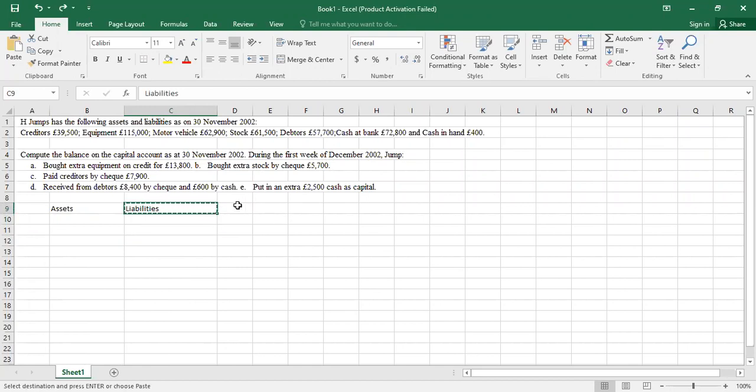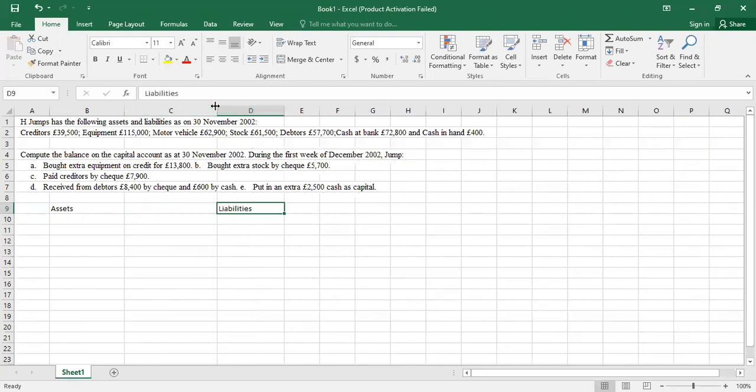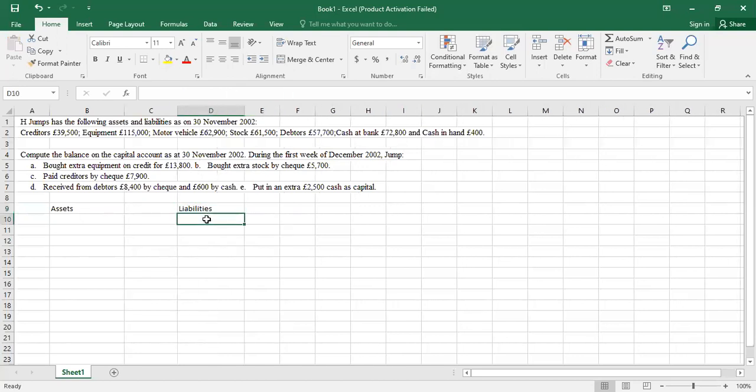I'm providing a column for putting the amount. The liability amount of creditors is 39,500.